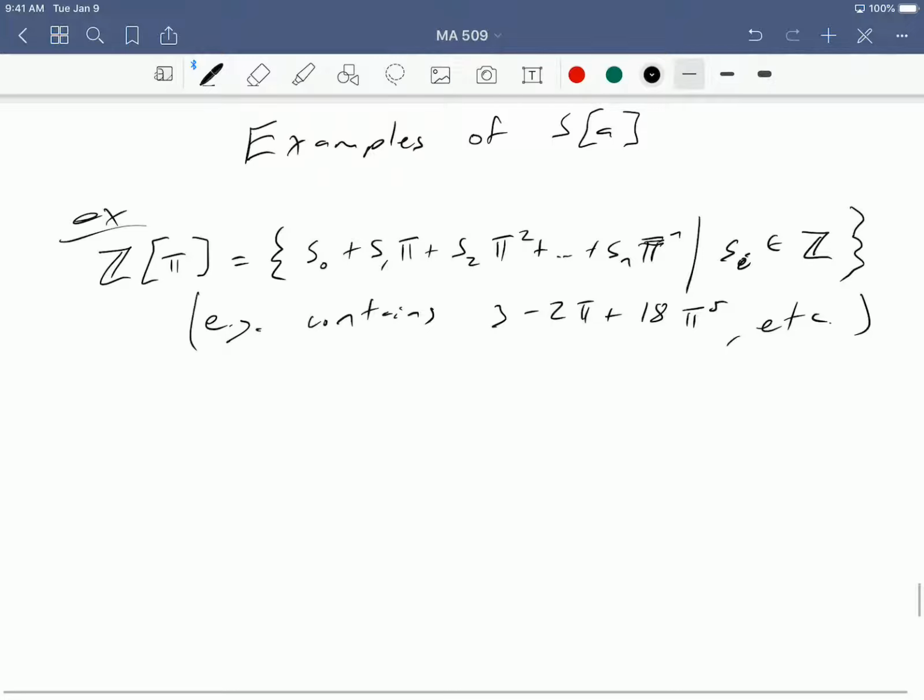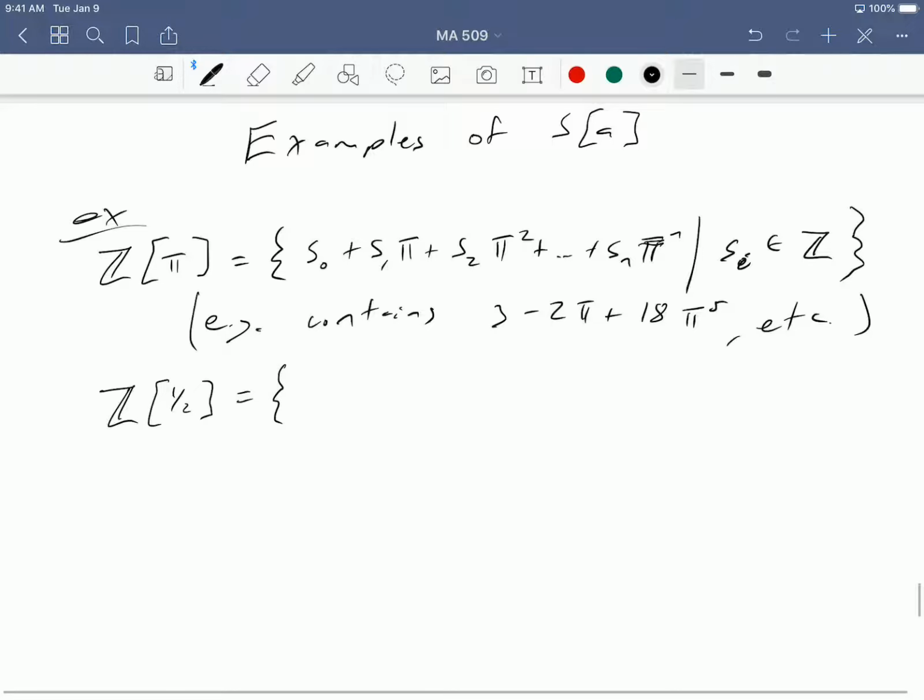All right, let's do another example to see the kinds of things that can happen here. Let's stick with integers this time as our subring again, but let's use the number 1/2 as an element of our larger ring that we're going to add in.